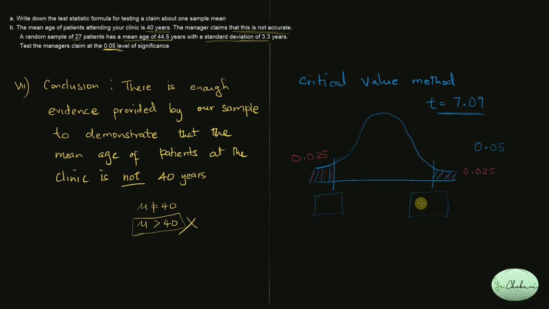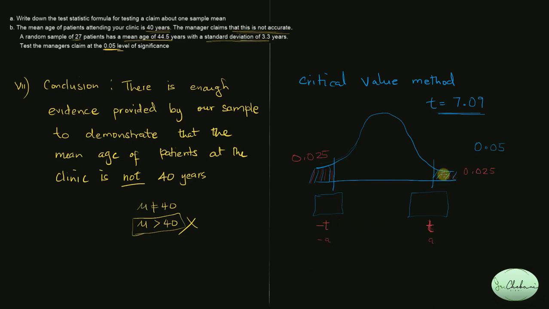So if this number is t, this number is going to be negative t. If this number is a, this number is going to be negative a, because there is symmetry between the two sides.